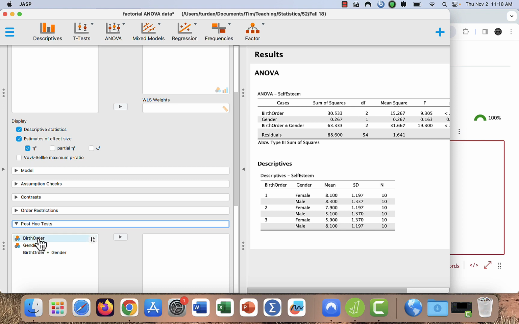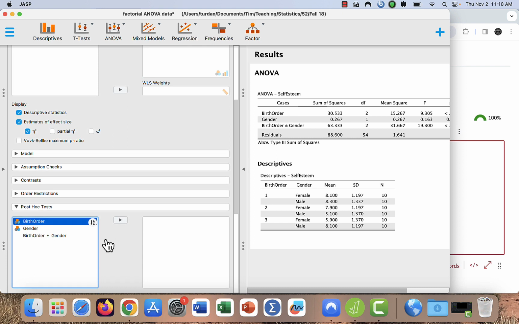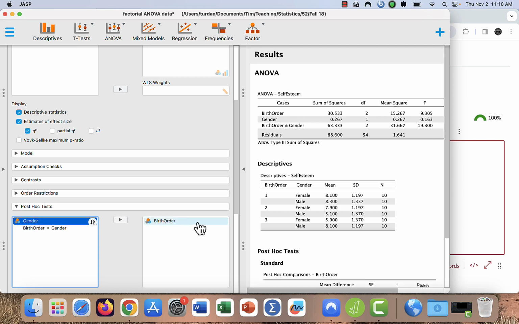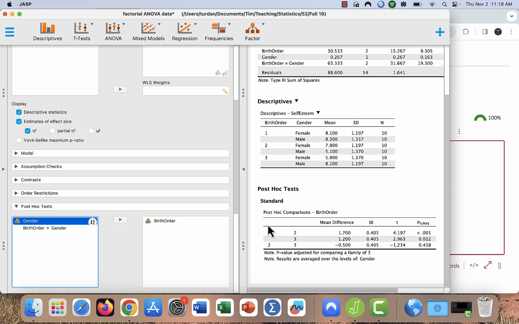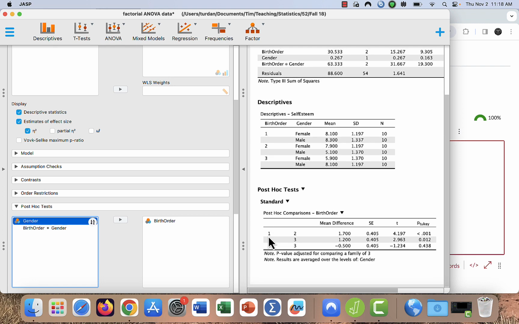So, we found that there is a main effect for birth order, meaning first, second, and third born kids on average differ in their self-esteem. That is when you combine the 2 genders together. And when you do that, we decided that there's a difference in the population means, but we're not sure where those differences are. So if we do a post hoc, we can see that firstborns have higher self-esteem than secondborns, and that's significant.